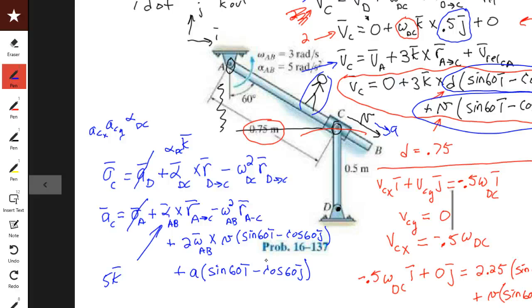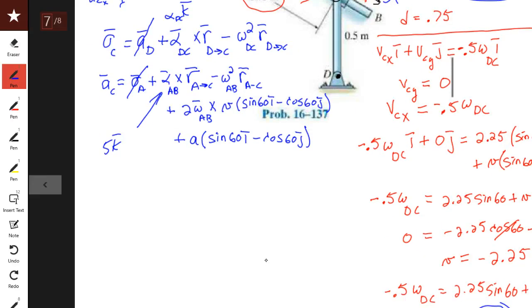The V, what am I going to plug in for little v? I've got it right here. So what I'm going to do is put in right here, let me change the color, a minus 2.25. Unless I made a mistake, that's what that'll be.